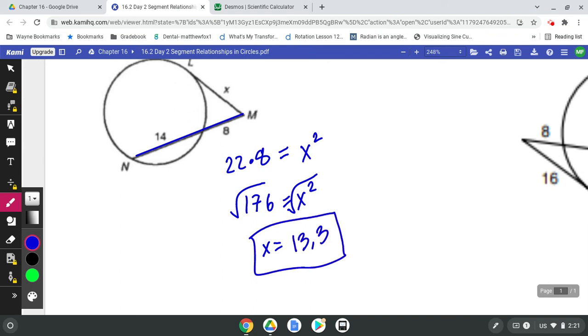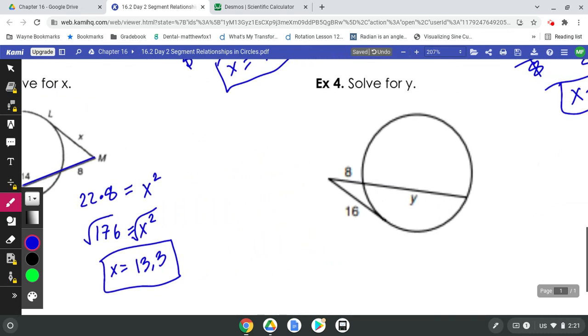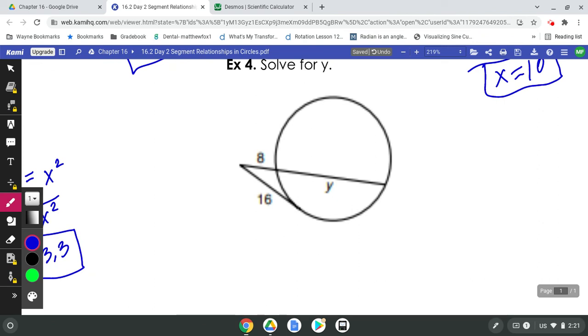And your final one, so that was a little different. The final one, back to what we've done before, we have our secant here. We add those two together, 8 plus y, times the external part, 8, equals the tangent squared, so 16 squared.